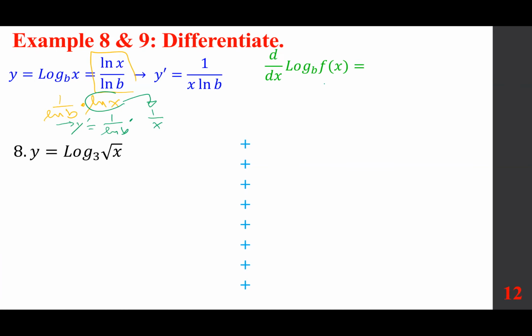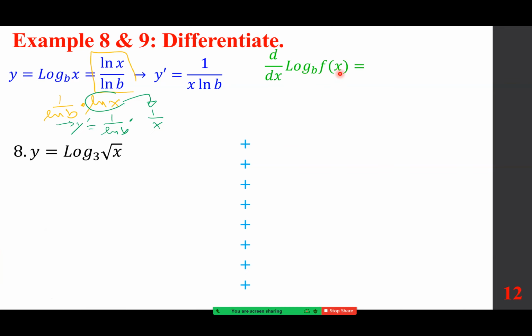What if we have log, some base, and a function of x, and that means f of x or g of x or h of x? That means we have to tag along the chain rule. So how do we differentiate this?